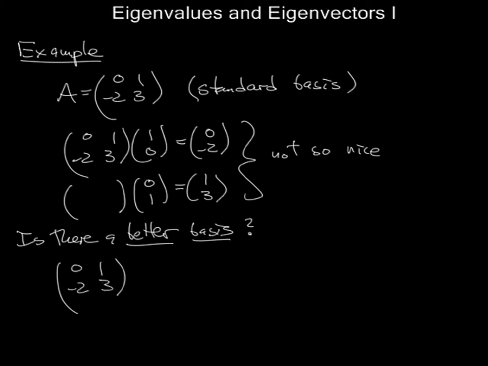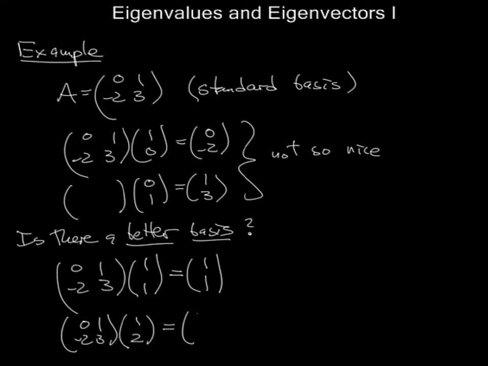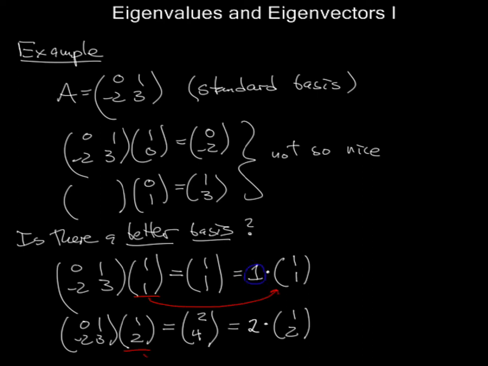And notice that if you apply this matrix to (1, 1), it takes it to itself. And if you apply it to the vector (1, 2), it takes it to the vector (2, 4), which is to say (1, 1) is 1 times itself, and (2, 4) is 2 times (1, 2). So this matrix stretches (1, 1) by a factor of 1, and it stretches the vector (1, 2) by a factor of 2.